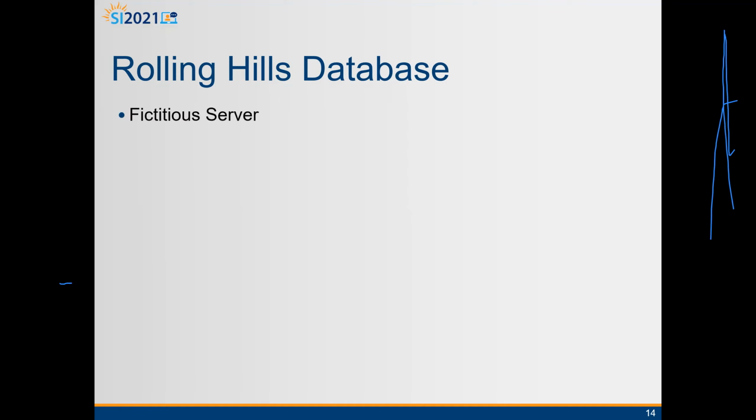It is a fictitious server. Definitely use it to your advantage because you can delete records, create and update records. The server resets every night, so you can use it every day and it'll go back to its original state.